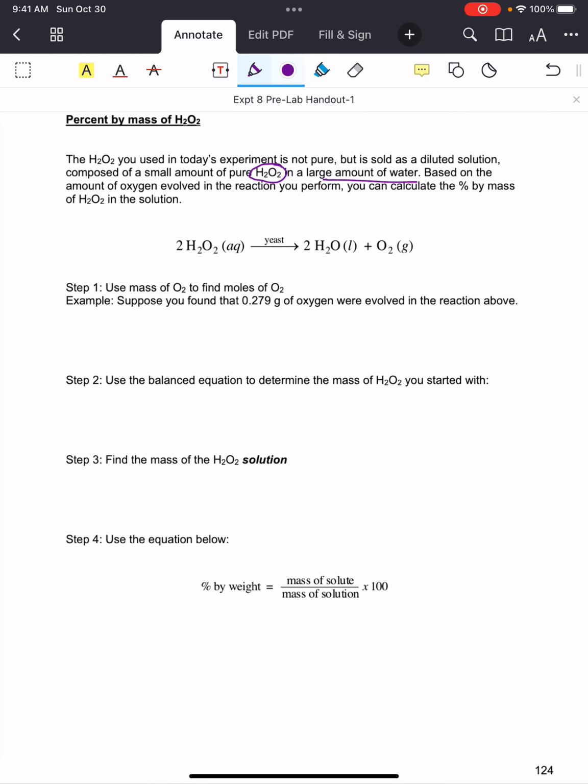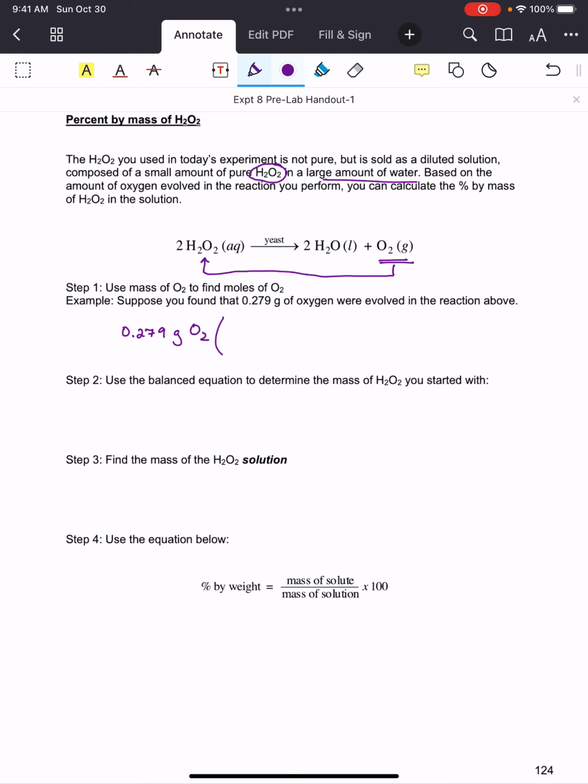So let's take a look at how we're doing this. So we can think about, based on how much oxygen we made, how much hydrogen peroxide had to be in the solution to begin with. So step 1, it says use the mass of O2 to find the moles of O2. So we've already done that because we used the mass of oxygen to find the moles for our R value calculation.